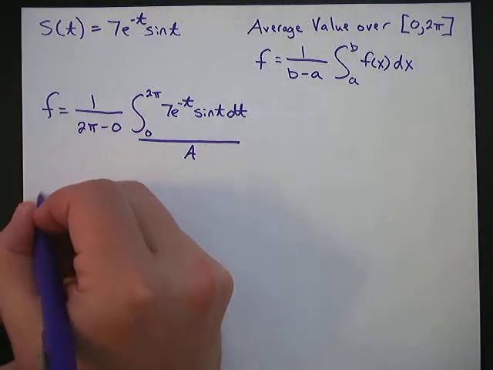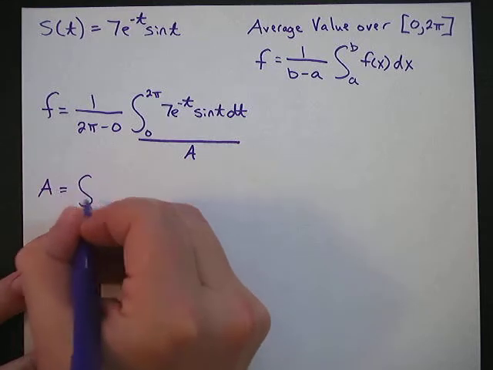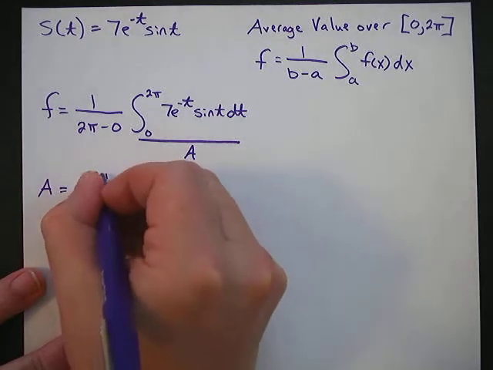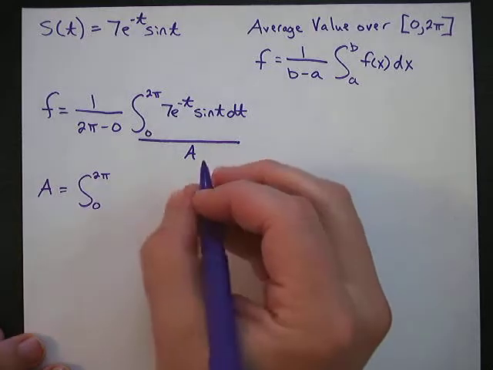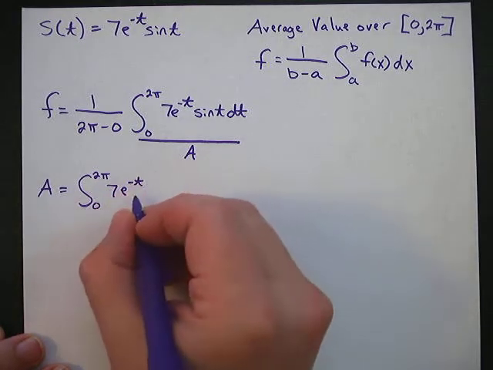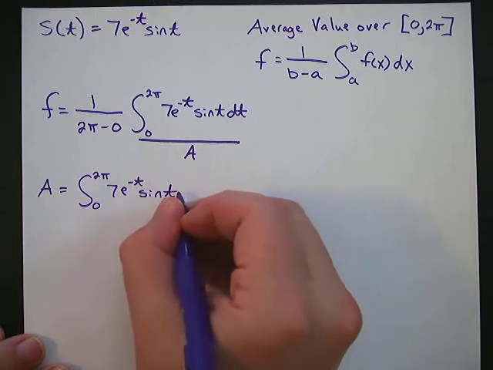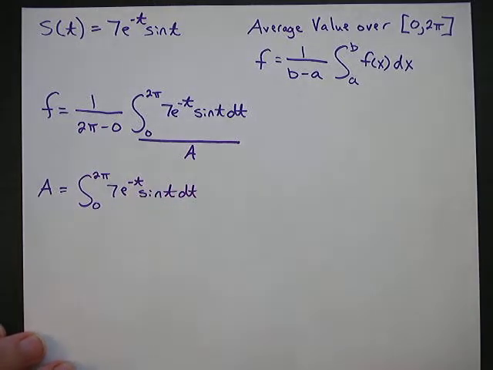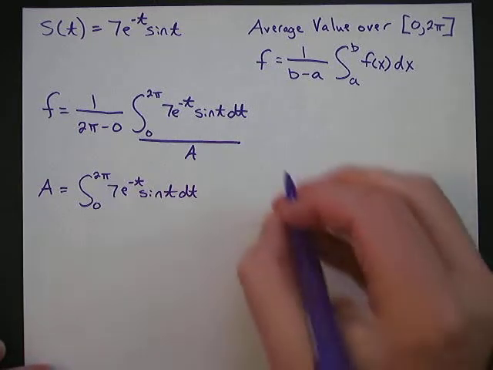So a is equal to just the integral from 0 to 2 pi of 7e to the negative t sine t dt. Okay, so what we're going to do to solve this integral is use integration by parts.